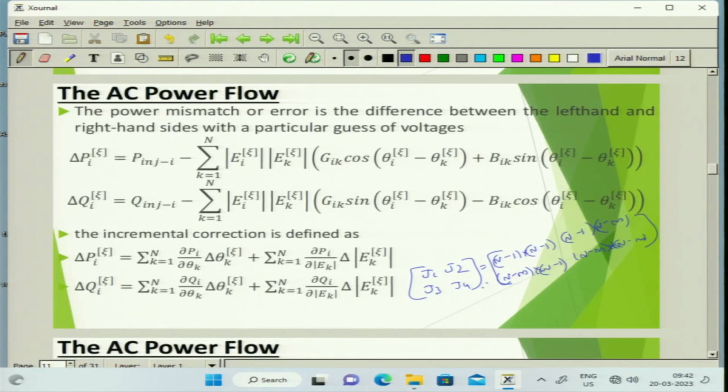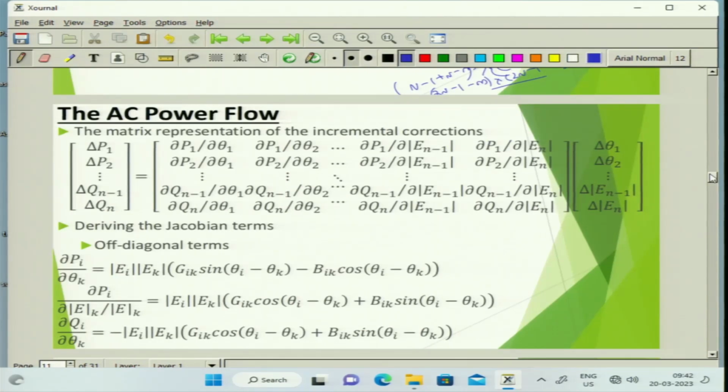So how many rows are there? N minus 1 plus n minus m. These are the n minus 1 rows, and then there are n minus m rows. So columns are divided into n minus 1 plus n minus m. So this will be 2n minus 1 minus m into 2n minus 1 minus m. This is the size of the Jacobian matrix, right.